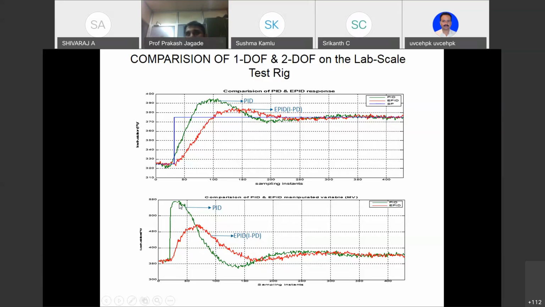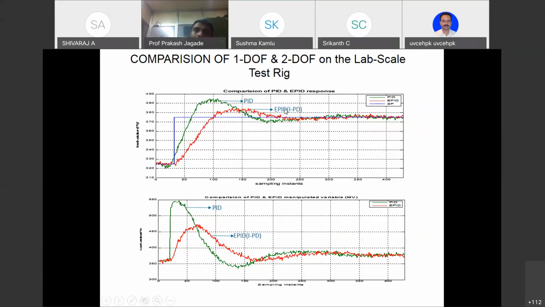As a result, if the controller output goes as an input to the final control element, that is your control valve or a pump, and you see a spike-like variation in the PID controller output, it will affect the life of the final control element. You can see a smooth variation in the controller output if you use an IPD PID controller structure.